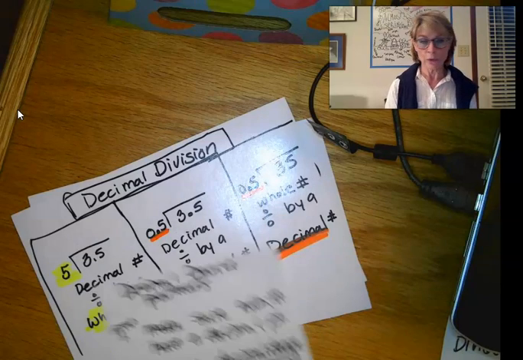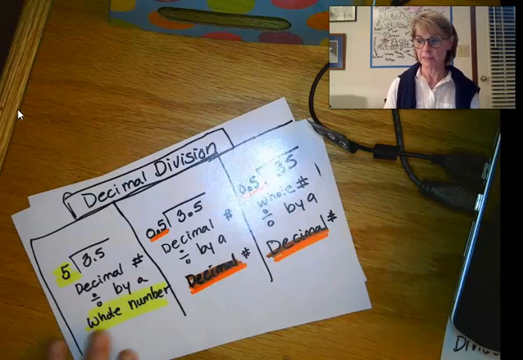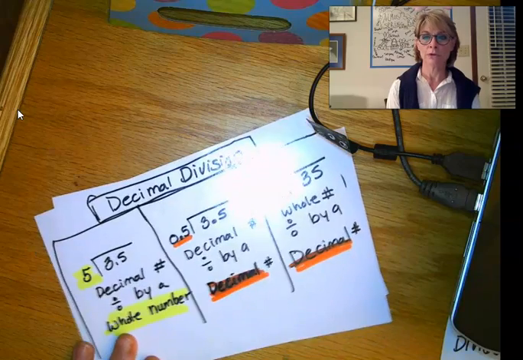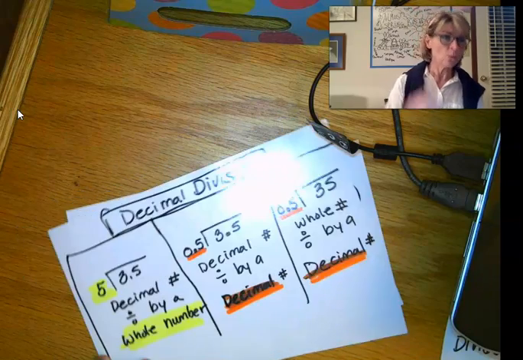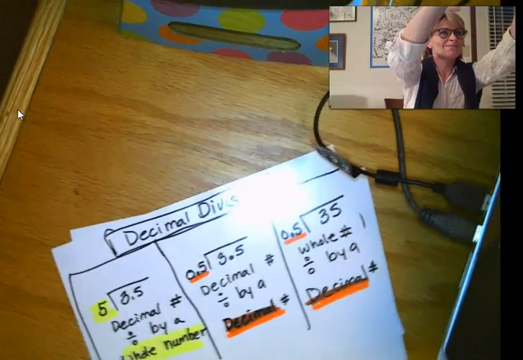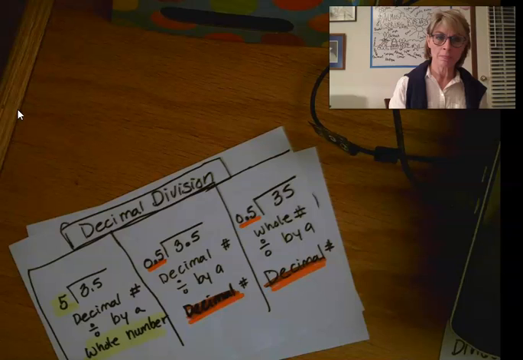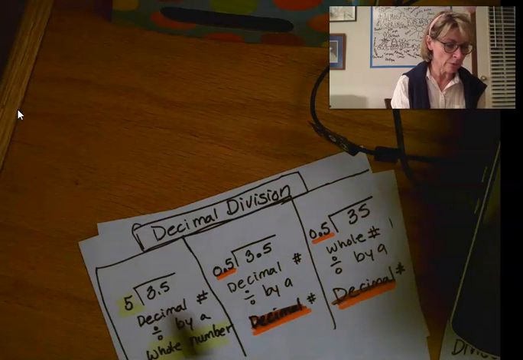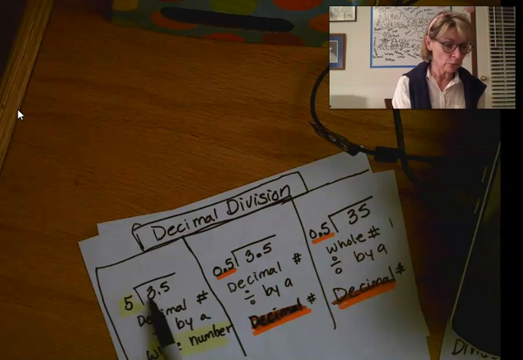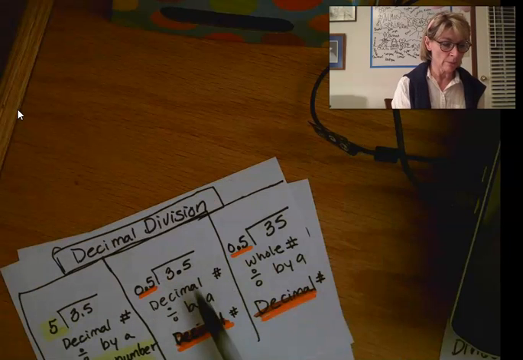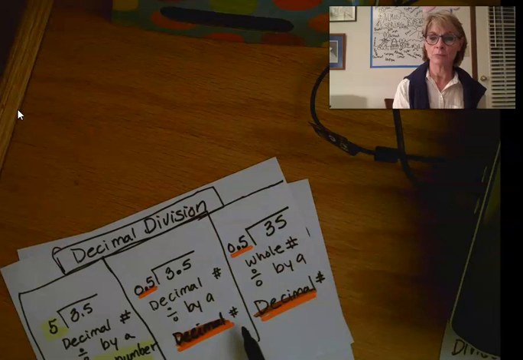Okay, so we're going to try both of those because these 2 strategies deal with the different types of decimal problems you're going to see. One type of decimal problem is when you have a decimal number that's divided by a whole number, like 3 5/10 divided by the whole number 5. Or you could have a decimal number that's divided by another decimal number.